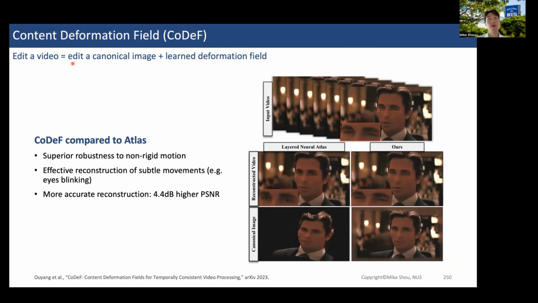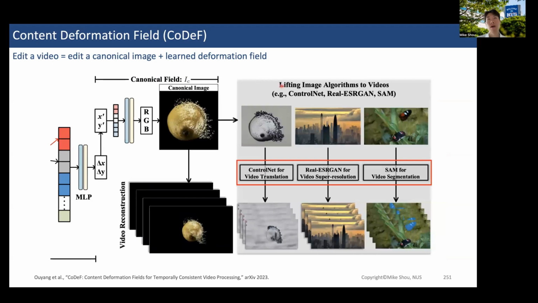Because we only use a 2D image editing method to edit the canonical image, and it can be propagated to the whole video. That's why they claim they can lift image algorithms to video. For example, if you have an image ControlNet for video translation, then you can apply it on the canonical image.